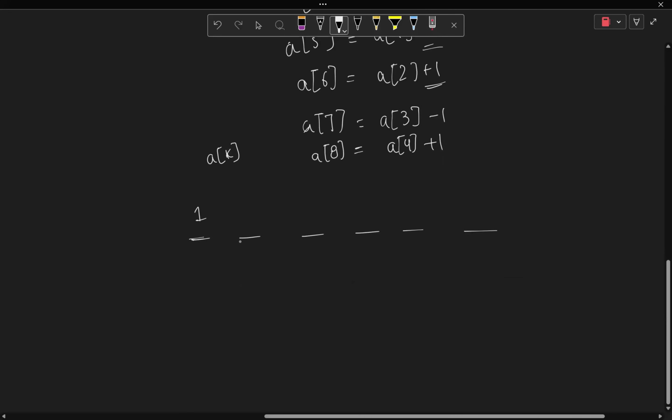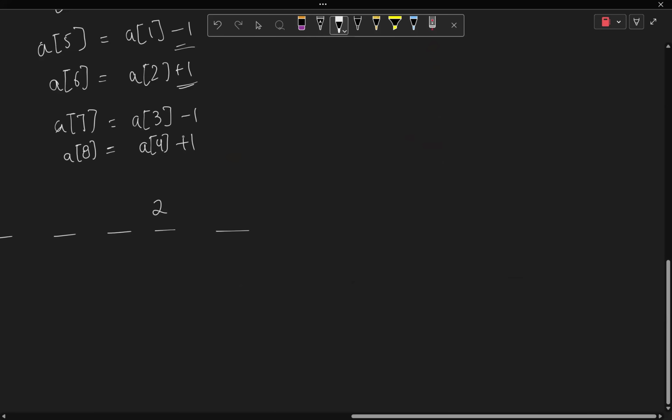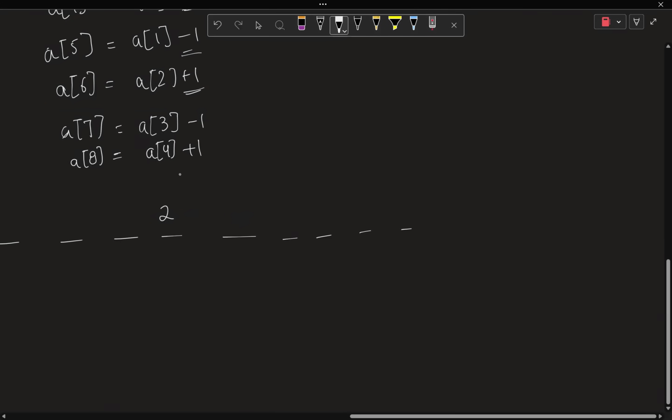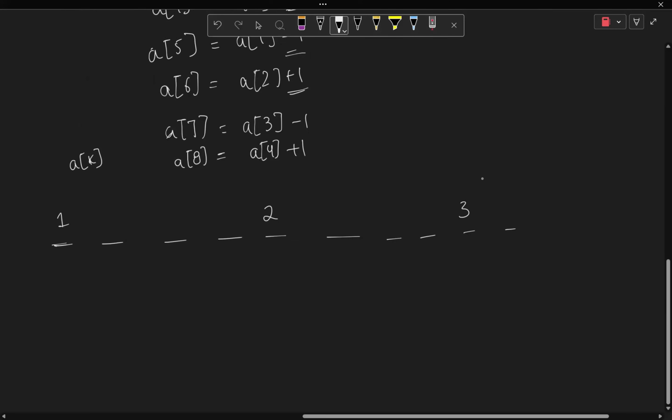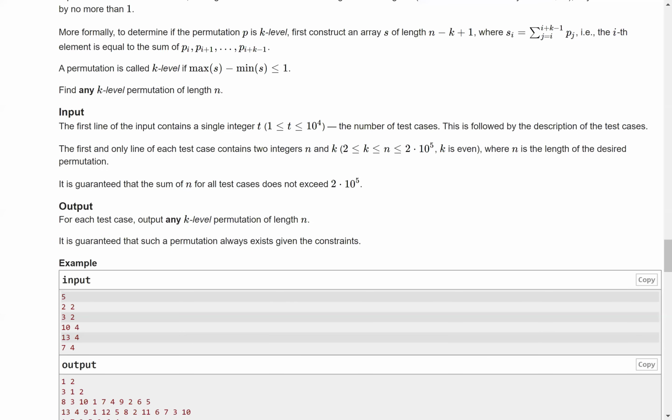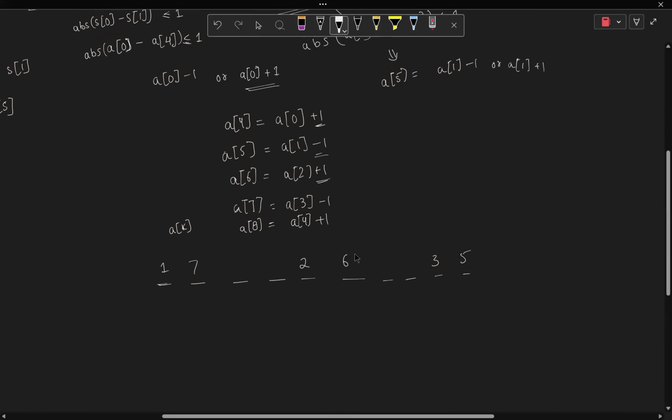So 4 indices later, there should be 2, which would be 1 greater than a0. And similarly, at a8, I know that it would be 1 greater than a4, so it would be 3 here, and so on. I noticed this part, and then I got this kind of a pattern in my mind. I cross verified whether it is correct or not, and it turned out to be correct. So that is what I did.